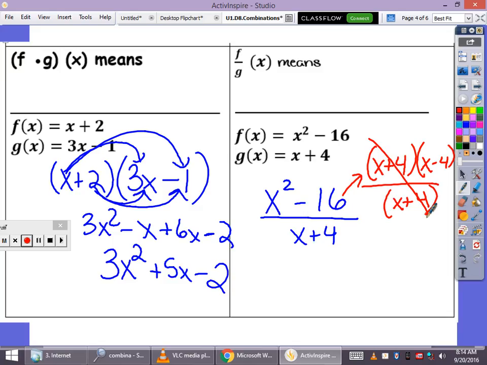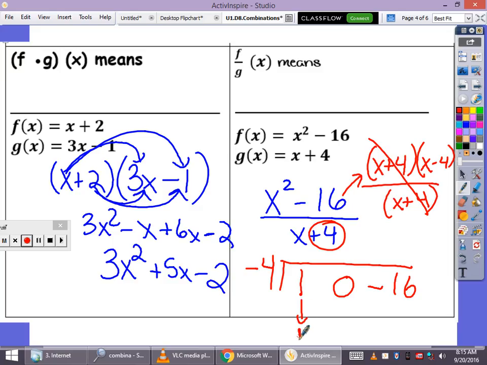Now, synthetic division. I'm not going to use positive 4. I'm going to use negative 4. 1, 0, negative 16. Why the 0? Because there is no x. Bring down the 1 times the negative 4 is positive 4.